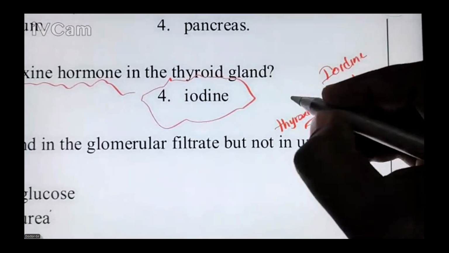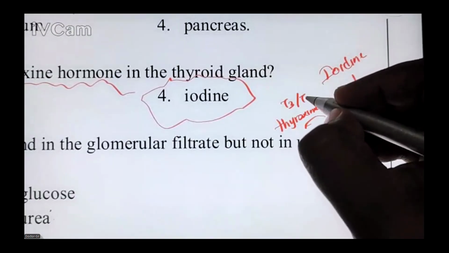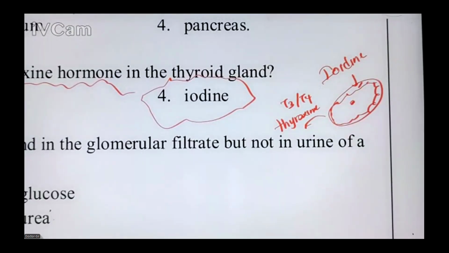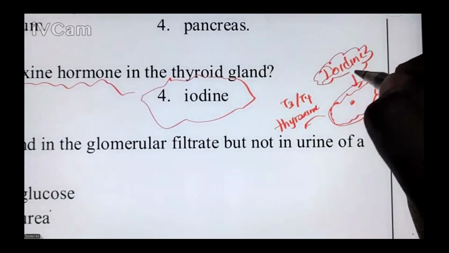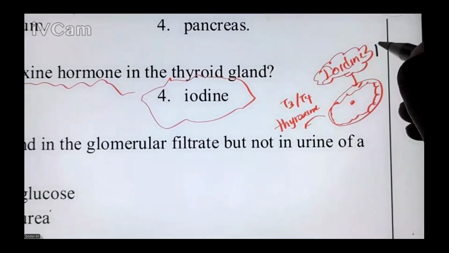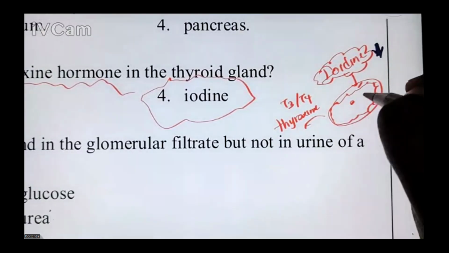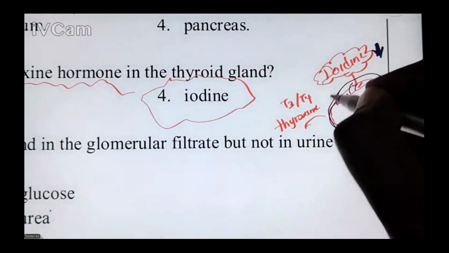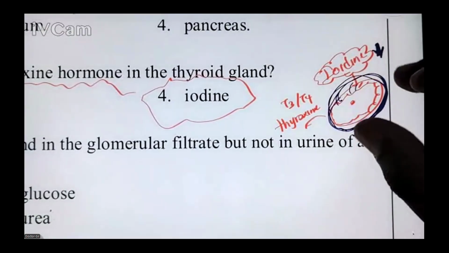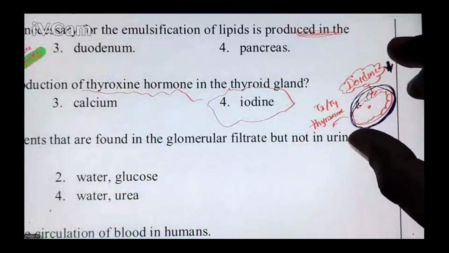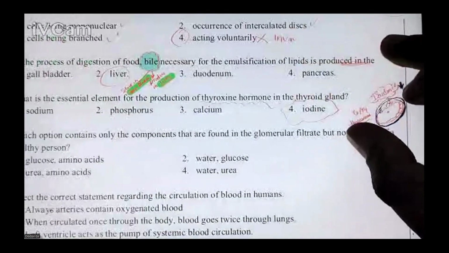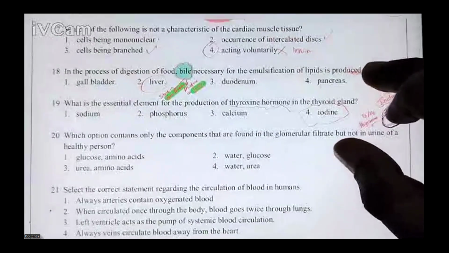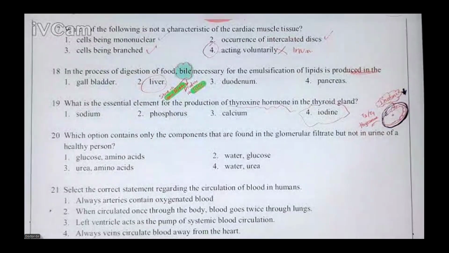There are two types, T3 and T4, produced using iodine. Whenever iodine is deficient, these cells enlarge to get iodine, so our thyroid gland will be enlarged. That is another important scenario regarding iodine and the thyroid gland.